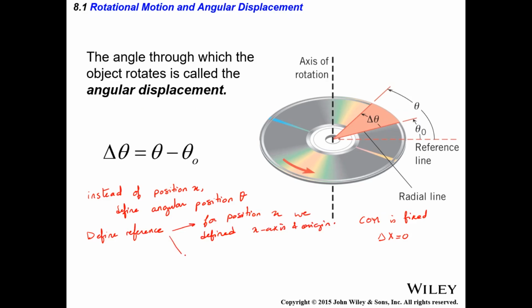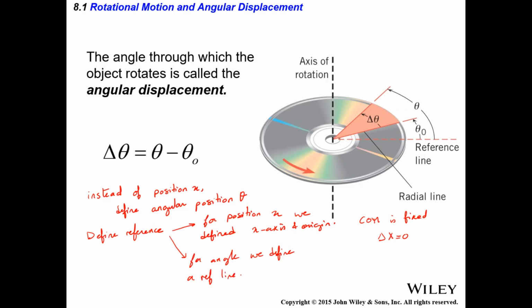We will do the same thing here for the angle. We define a reference line. Maybe that's where the object starts, and then we start measuring the angle with respect to that line.